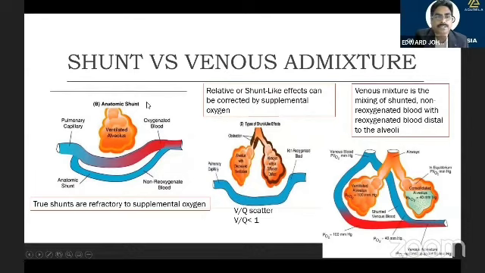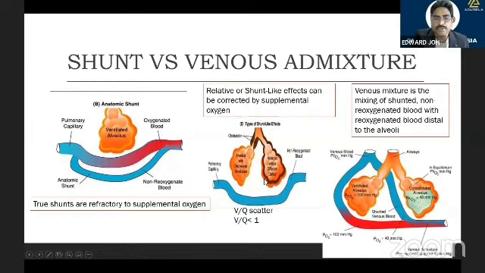We will see there is anatomical shunt, the blood that does not perfuse the alveoli and bypasses the alveoli. It may be due to your physiological shunt like thebesian veins and your bronchial veins, or it may be a pathological shunt of the left to right shunt. The true shunts are refractory to supplementary oxygen. They will not respond to supplementary oxygen. The relative shunt is otherwise called VQ scatter. There is a pathology in the alveoli.